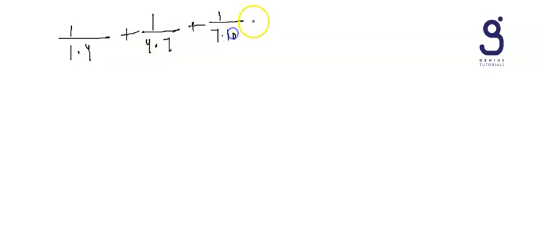Let's see 1 upon 1 into 4 plus 1 upon 4 into 7 plus 1 upon 7 into 10, so on up to 1 upon, let's take, 55 into 58.